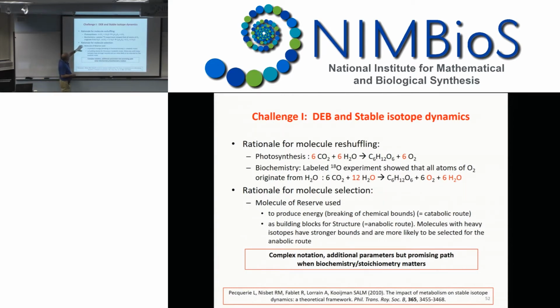In terms of this process that she called molecular selection, you have to recognize that DEB doesn't take account of the fact that when reserve, as it's called, is mobilized, it can be used for catabolic processes or for anabolic, that is, biosynthesis processes. And again, there are differences. A big component of maintenance is the turnover of biomass. And in the DEB model, we actually don't care, in a sense, whether we pay our taxes first and don't worry about turnover of biomass, or whether we convert it into biomass and turn it over.